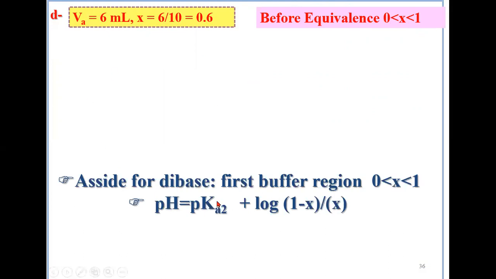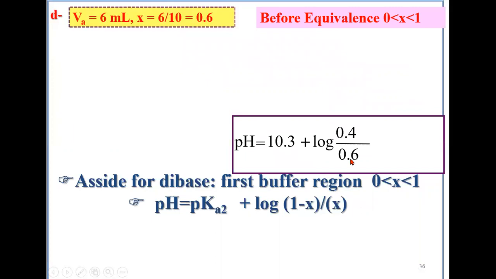I would have memorized this equation, pH equals pKa2 plus log of 1 minus X divided by X. Don't forget these. The ratio should be done before the log value for your calculation. And then you are done.